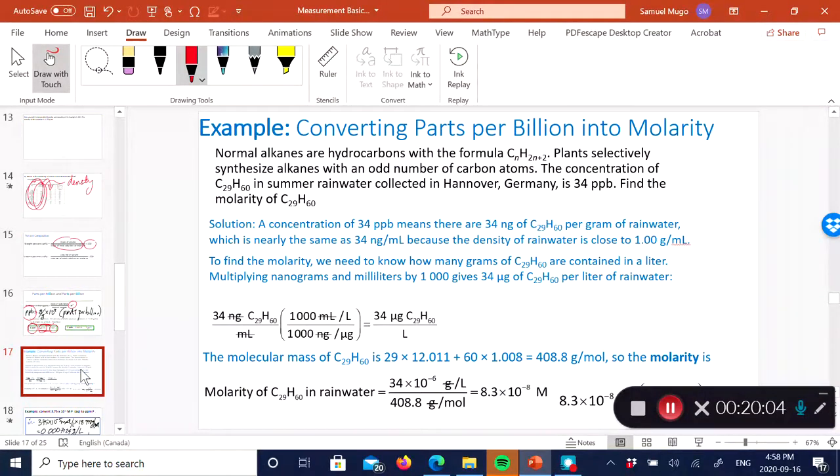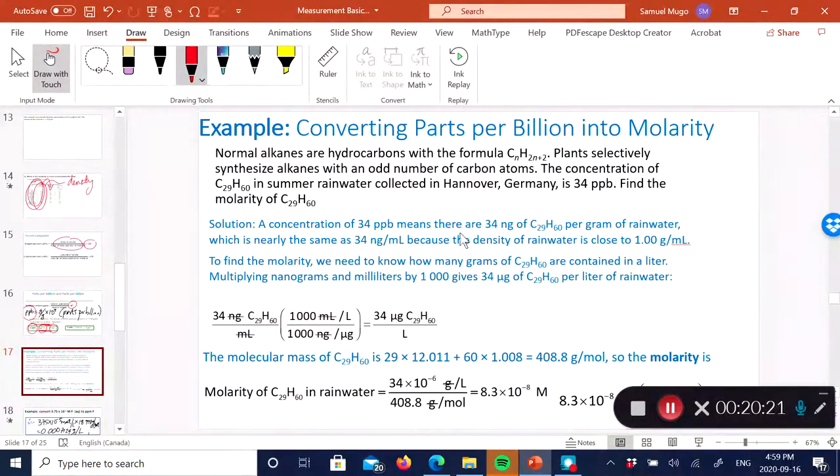Now, what if I give you a problem like this, where I've got a hydrocarbon in parts per billion, and then I ask you to convert that into molarity, which is moles per liter.